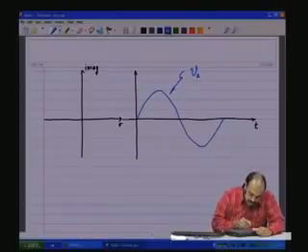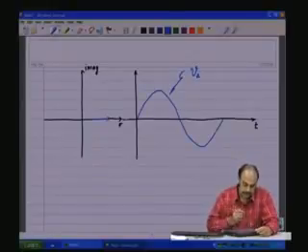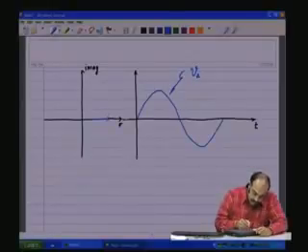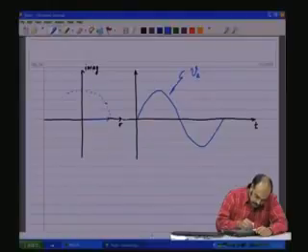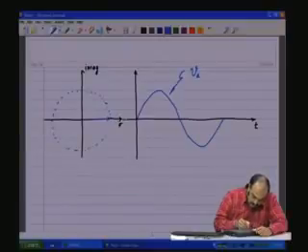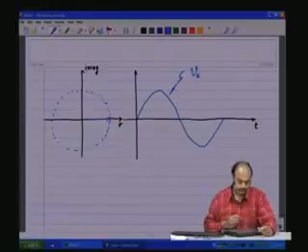Now, imagine that there is a vector along this axis. Now, this vector, we are going to make it rotate in a circular fashion like this.